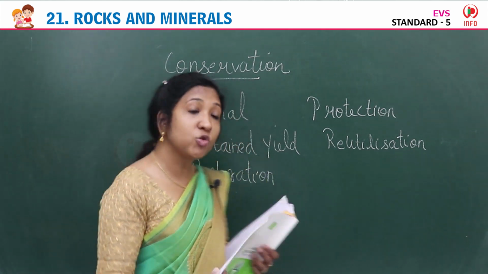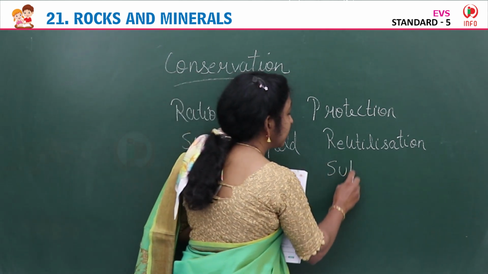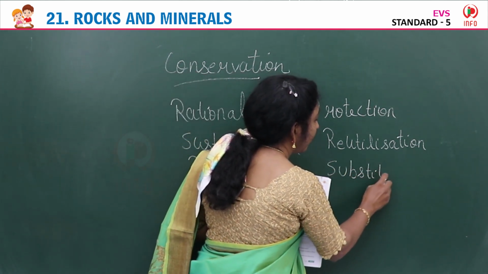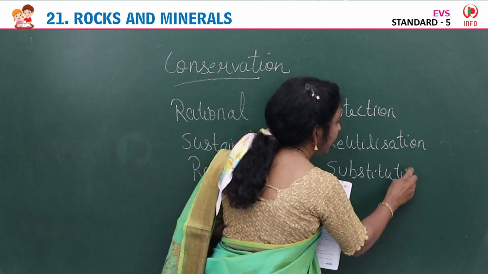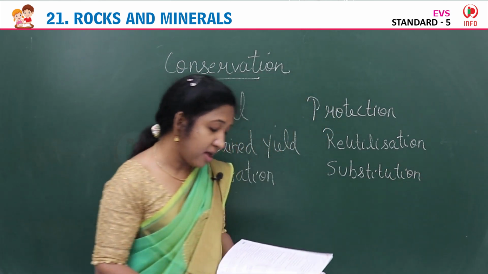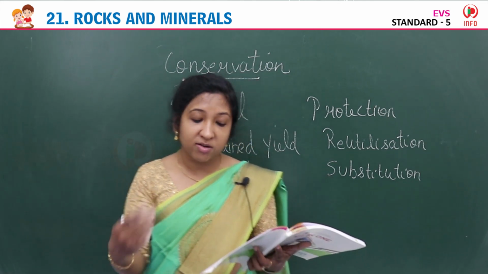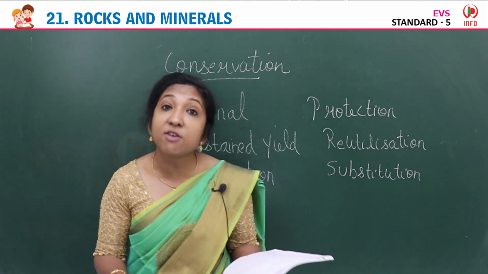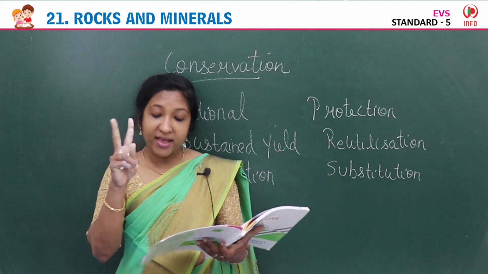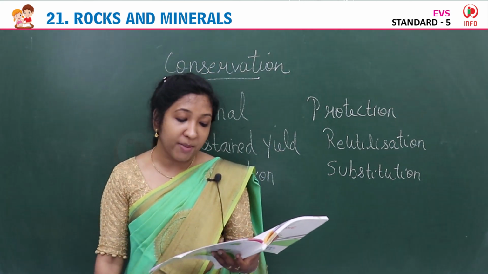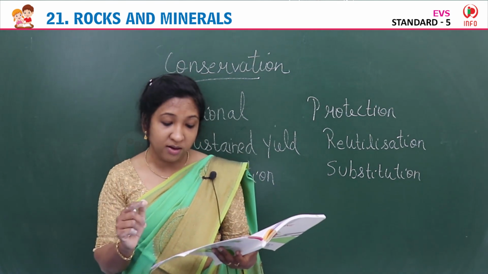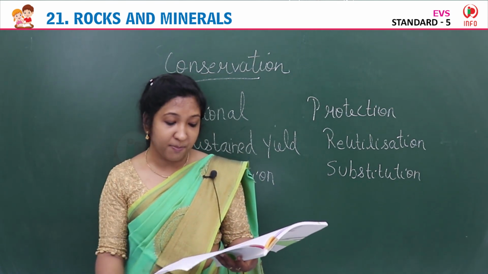Next is substitution. These are the ways by which we can conserve or preserve the natural resources. Substitution means replacement. We say substitution, replacement, an important conservation measure. It has two aspects: the use of a common resource instead of a rare one when it is for the same purpose.